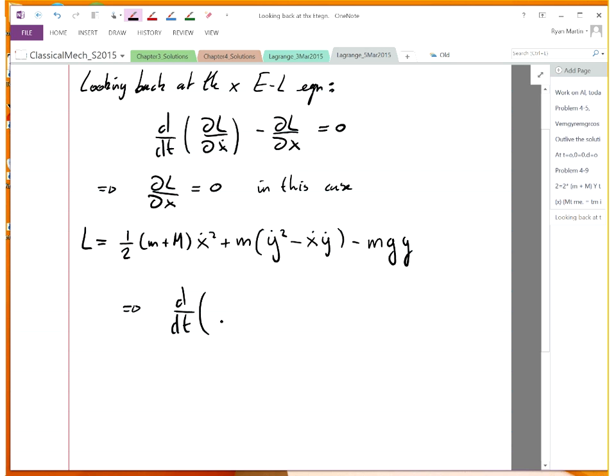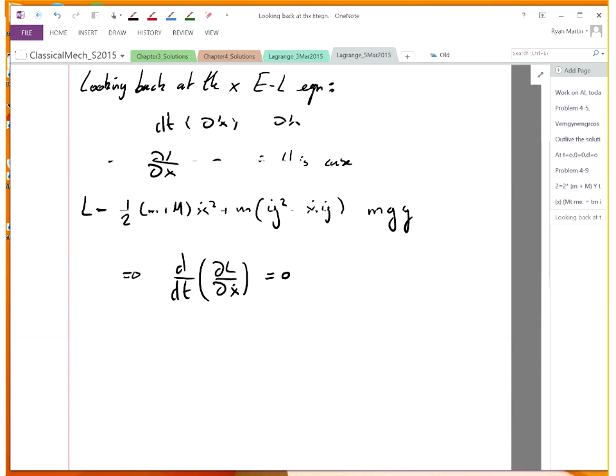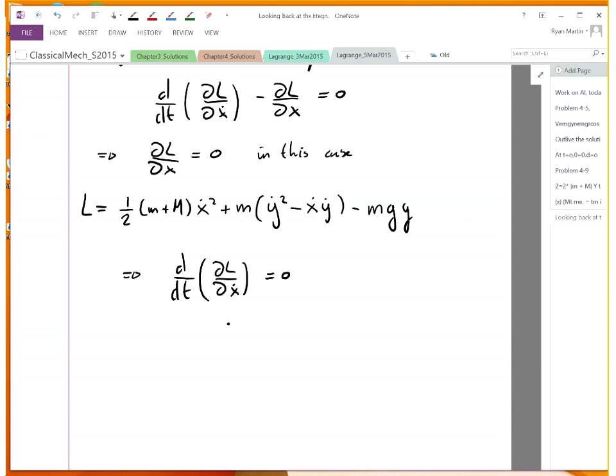So because dL by dx is 0, the Euler-Lagrange equation reduces to d by dt of dL by dx dot equals 0. And so then we went and did d by dt of dL by dx dot. But we could have saved ourselves a little bit of work, because if d by dt of something is equal to 0, then that something must be equal to a constant in time.